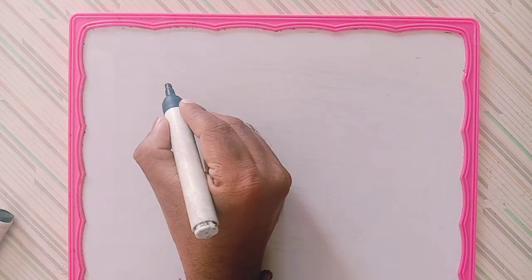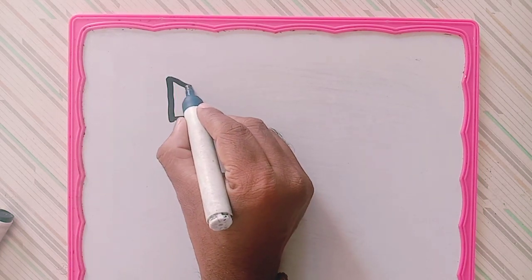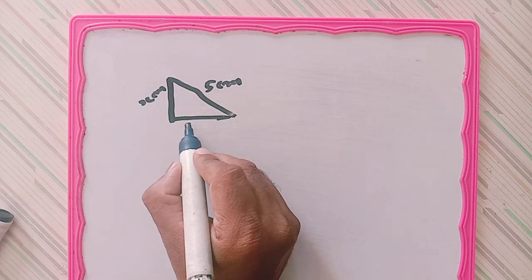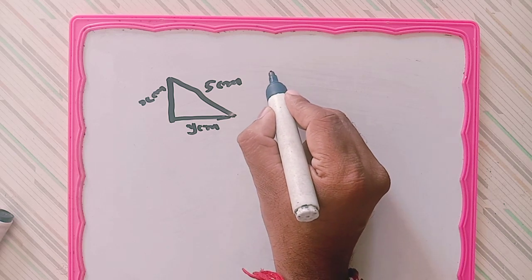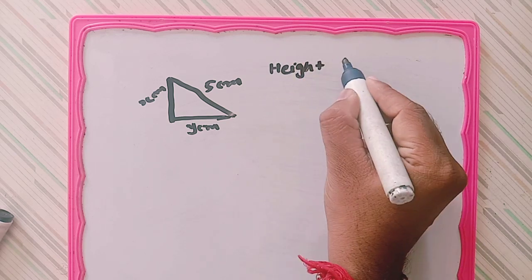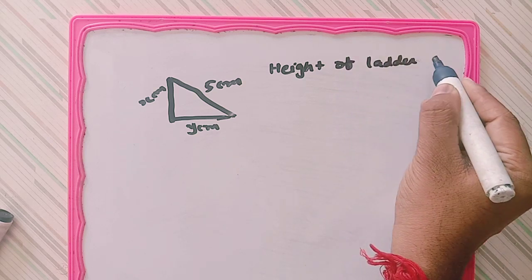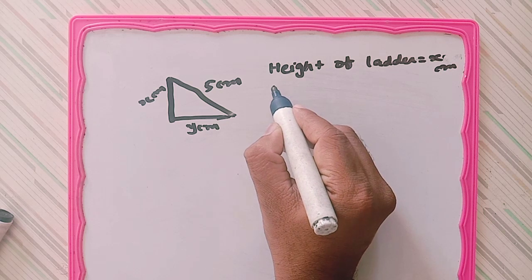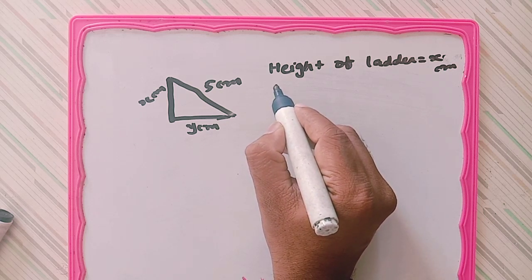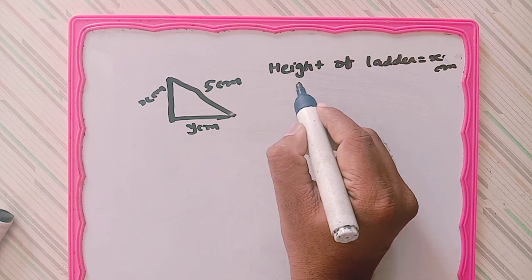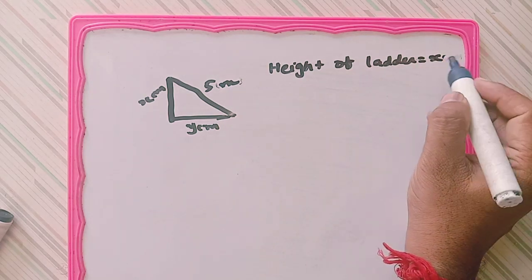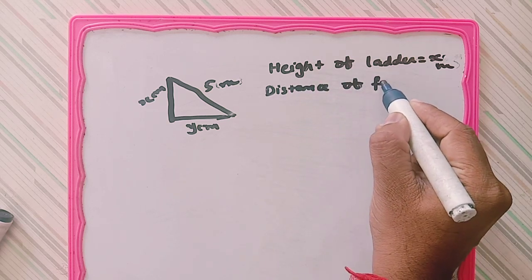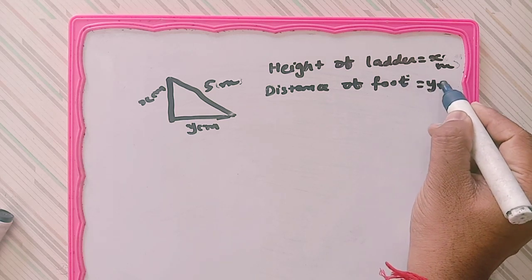So according to the given situation, suppose we take one triangle, this 5 meter, height of ladder x meter, and distance of foot we take y meter.